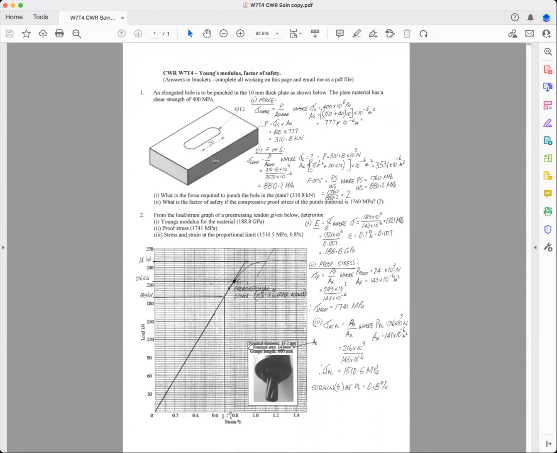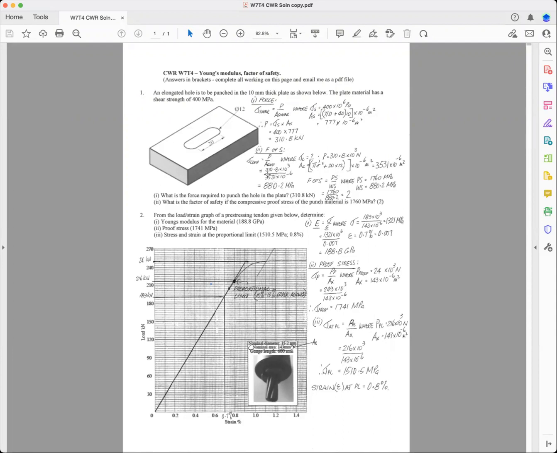Now, the next thing you've got to do is work out the factor of safety. So what's the factor of safety if the compressive proof stress of the punch material is 1760 megapascals? So that's the compressive stress or strength of the material that you actually go and buy for the punch.